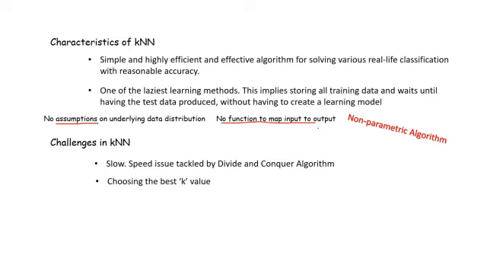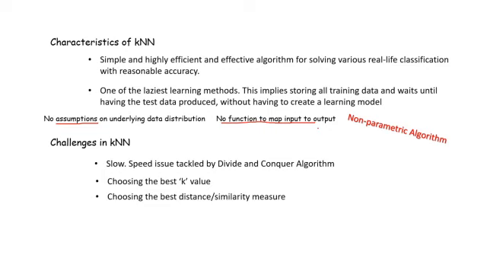Then another is choosing the best k value. This is a tricky part, and this k value determines a lot. And in the next lecture, I'm going to talk about how this k value changes everything and how to determine the best k value. It's pretty much a trial and error thing, but still okay. That is how the practice is, to choose the best k.